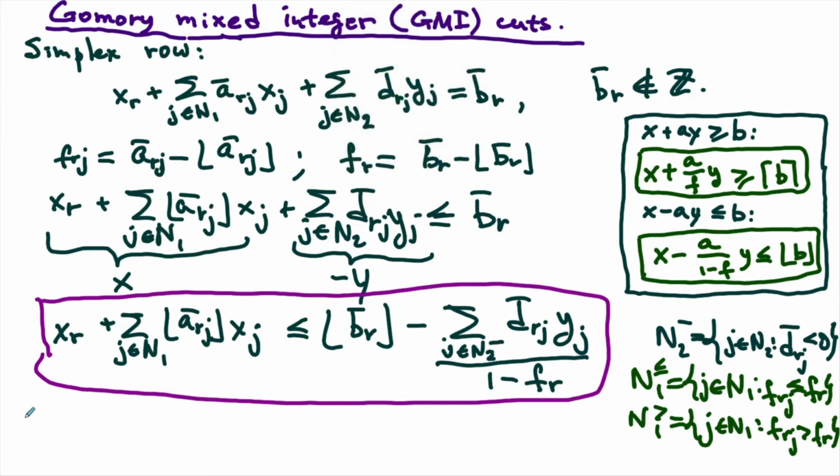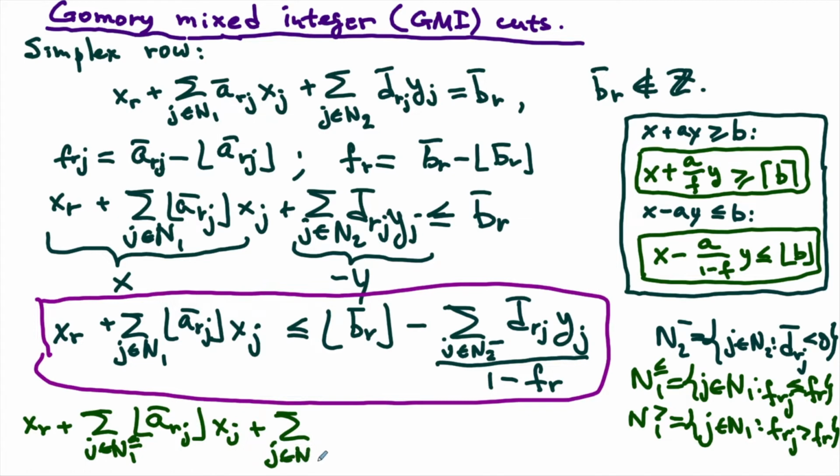Alright, so you'll have xr plus the summation for j in N1 less than or equal to arj bar rounded down times xj's. And then for the variables in the second set, j belonging to N1 greater, going back to the original equation here, we'll essentially use arj bar the way they were before.